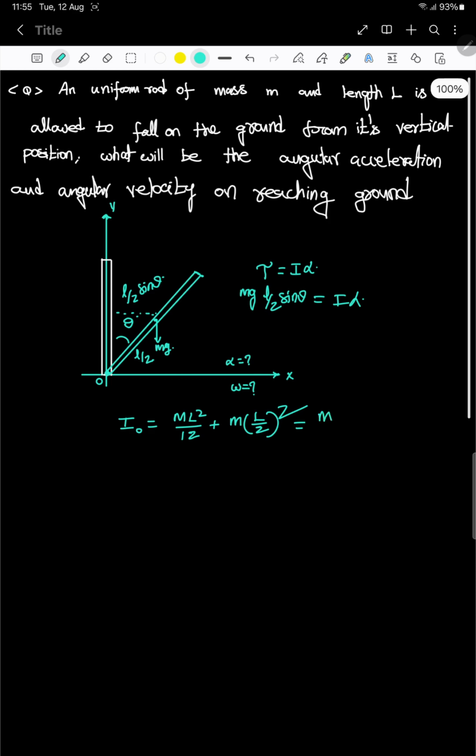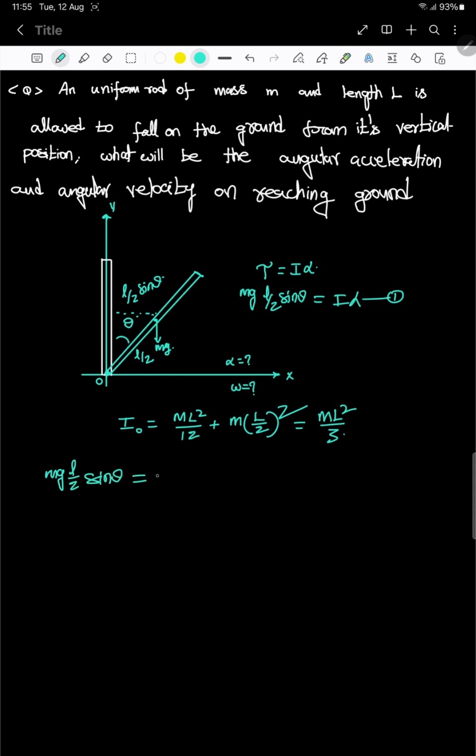It gives mL square by 3. So from equation 1, we can write mg L by 2 sine theta is equal to mL square by 3 into alpha.